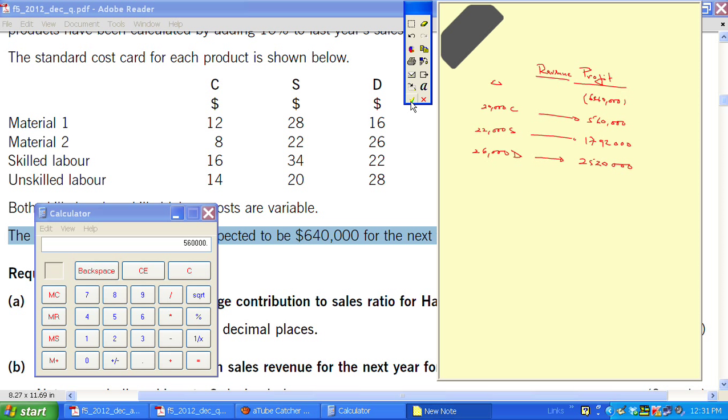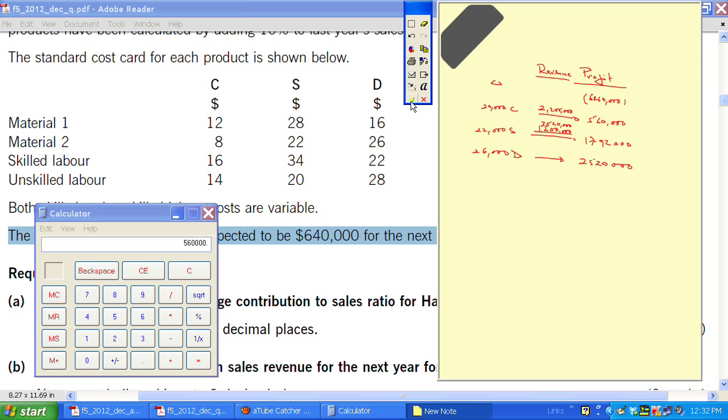Now the individual revenues which you had already calculated: from 20,000 of C we made 2.2 million. Then we made 1.2 million, sorry, this is 3,520.